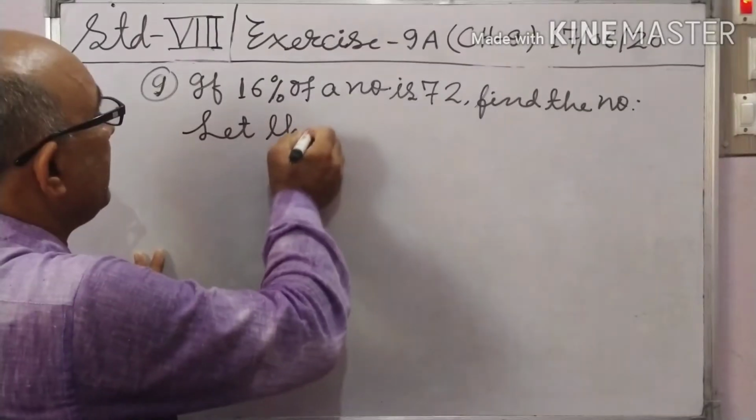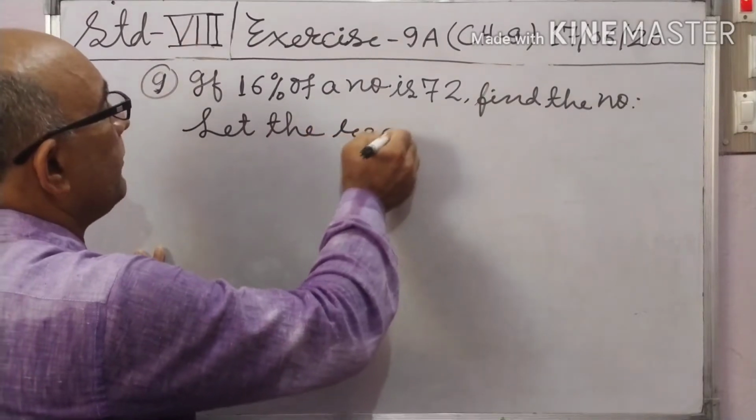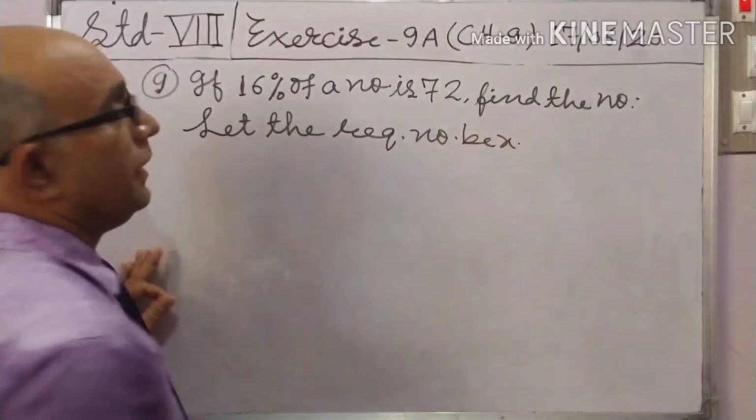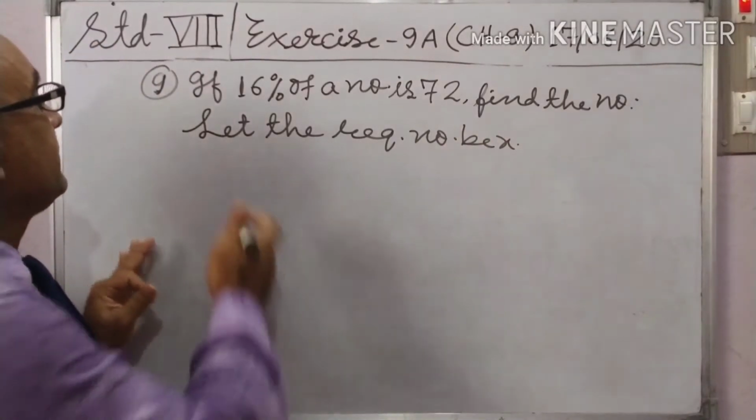Students, next question is written on the board. Question number 9: if 16% of a number is 72, find the number. So let the required number be x.